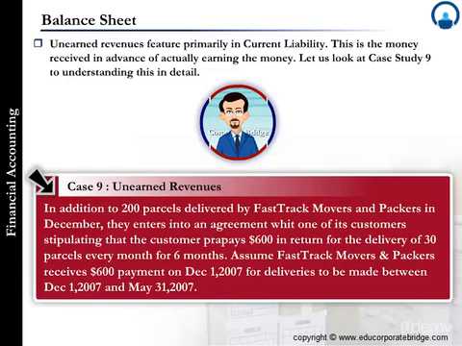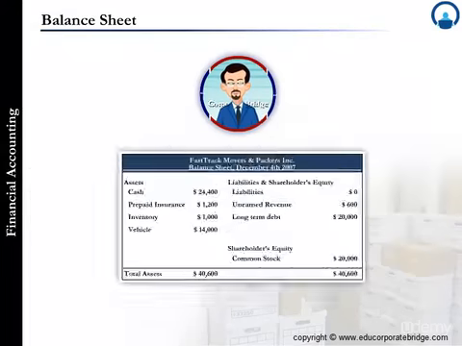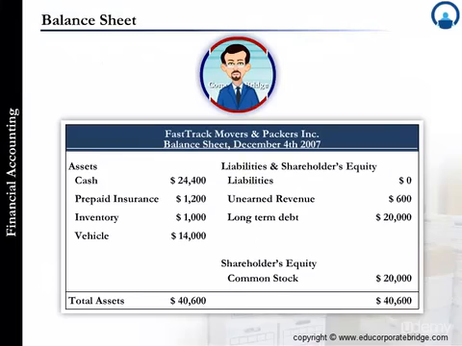Assume Fast Track Movers and Packers receives the $600 payment on December 1, 2007 for deliveries to be made between December 1, 2007 and May 31, 2008. What is the effect on the balance sheet?